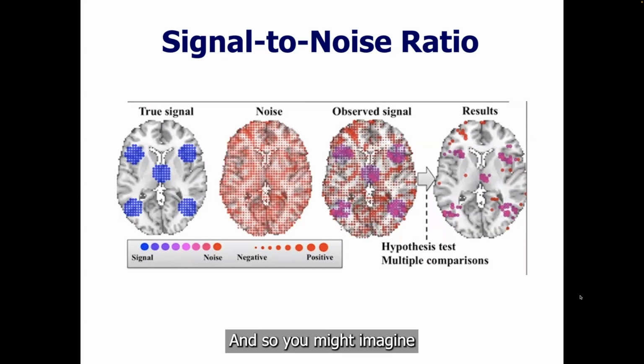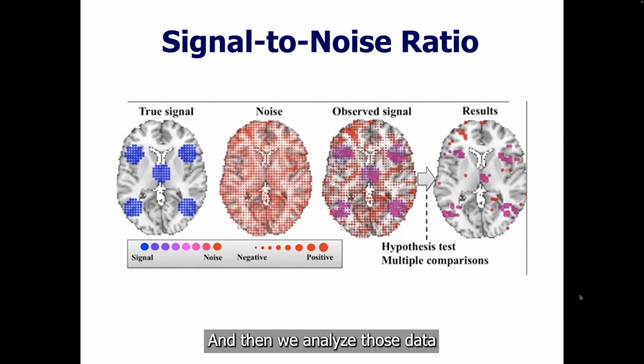And so you might imagine, this is just a hypothetical, where there's some true signal that we really want to identify. And then, of course, there's noise, or there's other patterns of blood flow in the brain. And therefore, the observed signal that we get is going to look something like the true signal intermixed with noise.